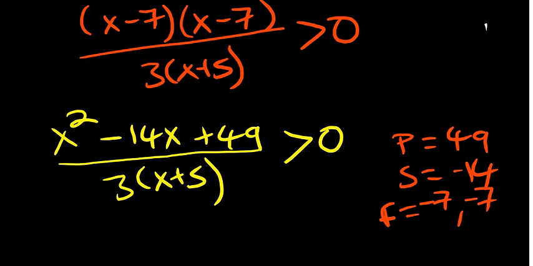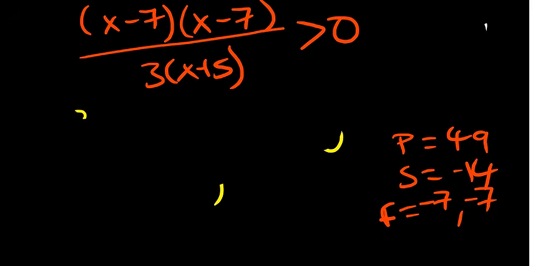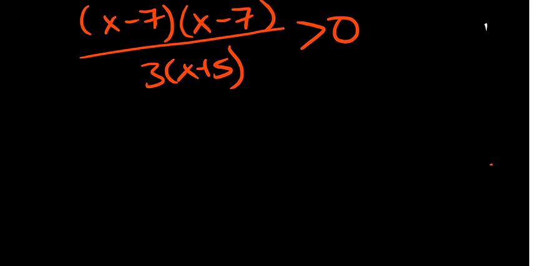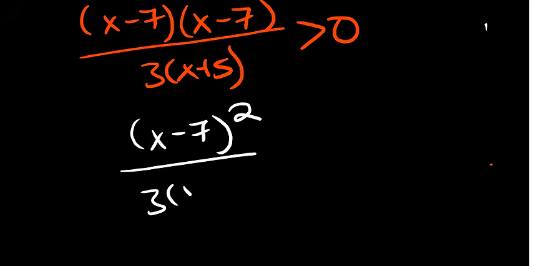Okay, so how do you get to solve that inequality? x minus 7 multiplied by x minus 7 is the same as x minus 7 squared, divided by 3x plus 5.